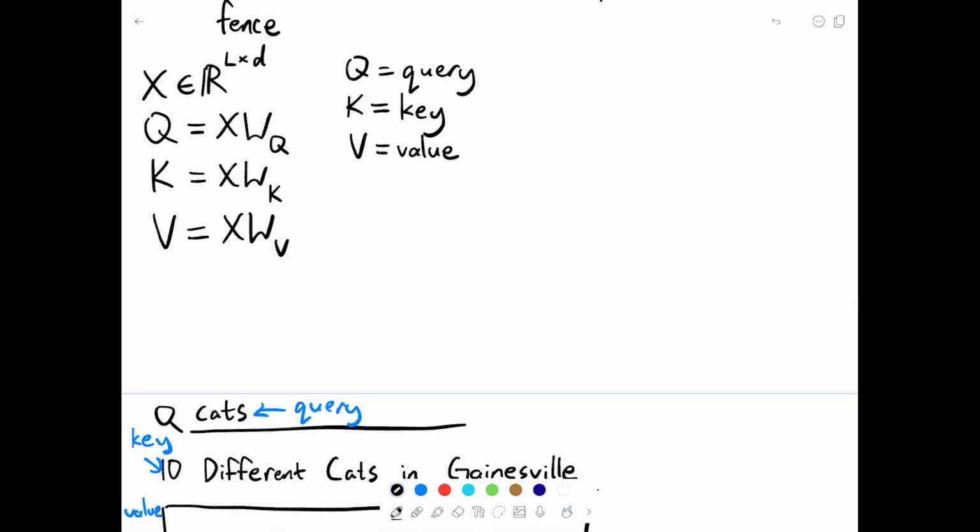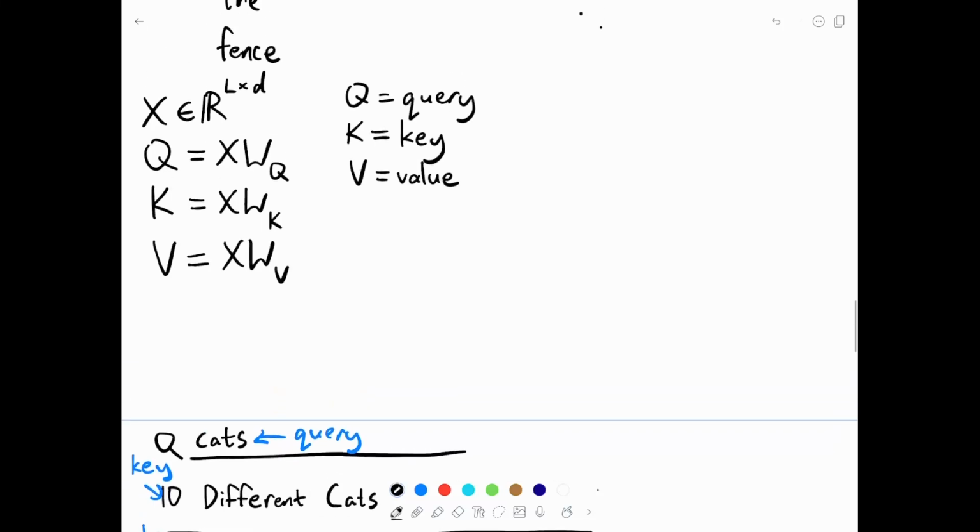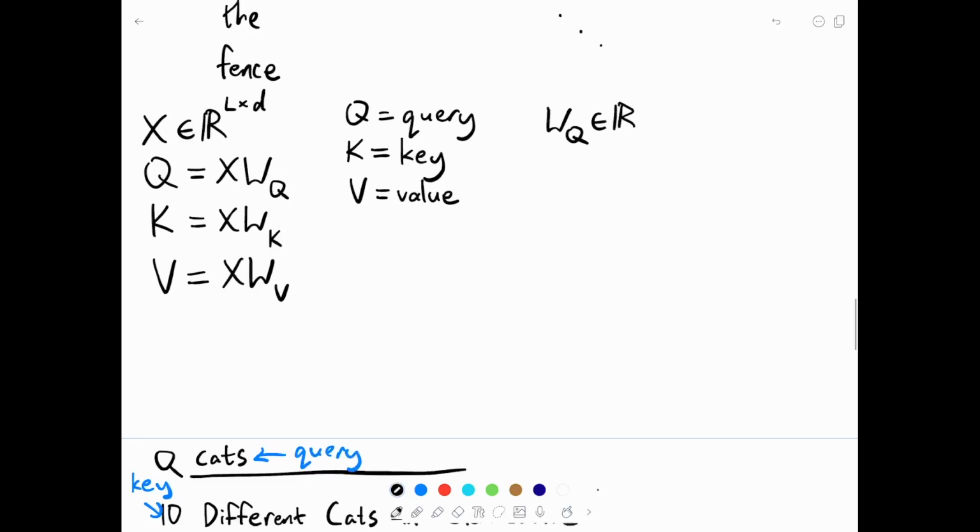And W_Q, W_K, and W_V will also have dimensions, so I'll write them here. W_Q will have the dimension of L by d_Q. W_K will have the dimension of L by d_K. And W_V will have the dimension of L by d_V.